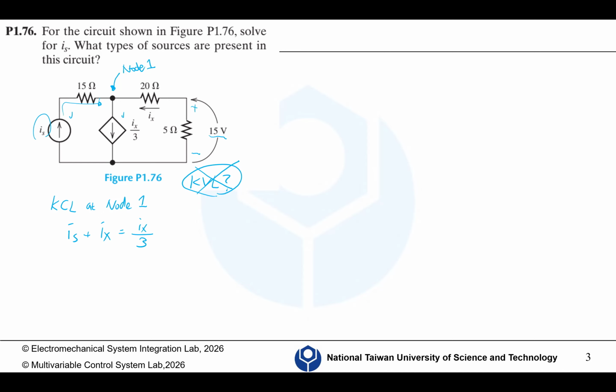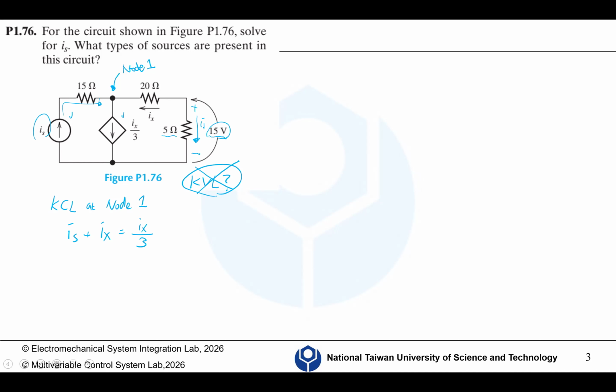And then I noticed this 15 volts. This is positive, the direction of the arrow is positive and negative, and this is a 5 ohm resistor. If you are given the voltage difference of a resistor and its resistance, then by using Ohm's law we know the current, for example, this is I1.